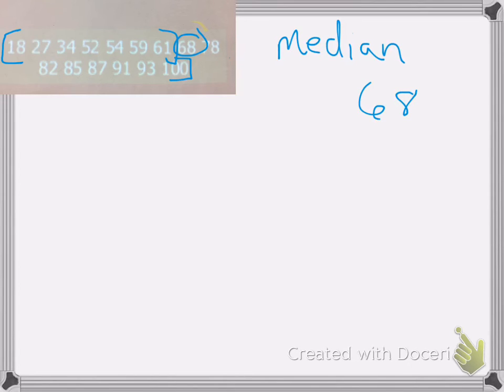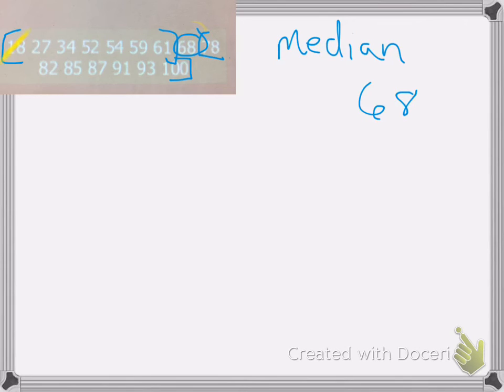All right, so now you can see I sectioned off my upper and lower. And what I'm going to do is find the median of the upper and lower. So there's my upper and my lower.